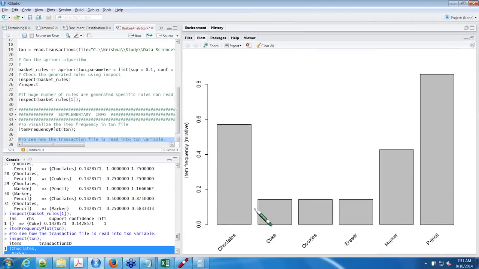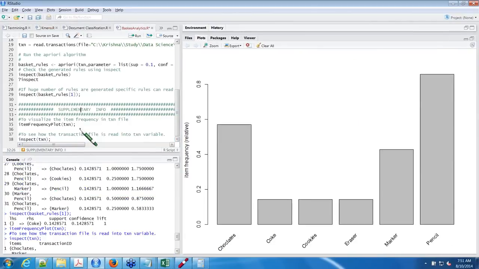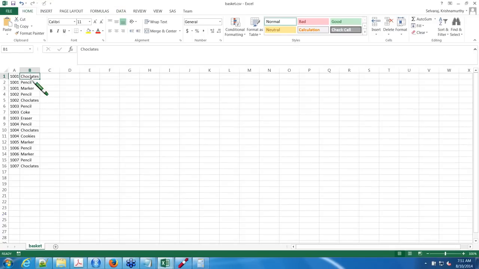So this graph is the item frequency plot of transactions. That is chocolate, what is the count? And Coke, pencil, marker, what is the count in the transaction? So if you go here, count of this 1, 2, 3, 4, right?